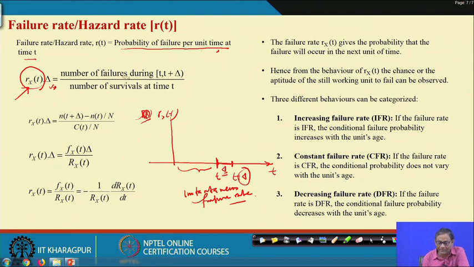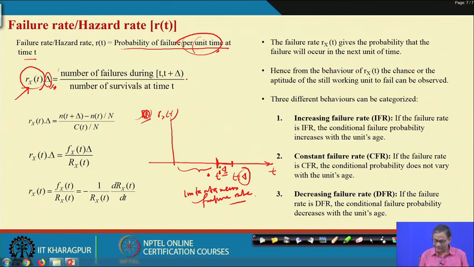So it is the number of unit failures during t to t plus delta, divided by the number of survivors at this time. So h(t) into delta, the time period, is this, because we are interested in per unit time. In delta time, what are the units that fail?